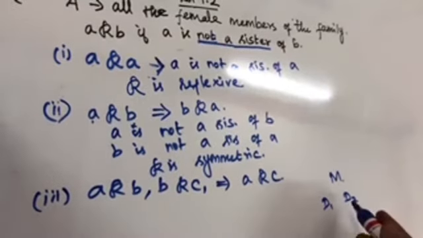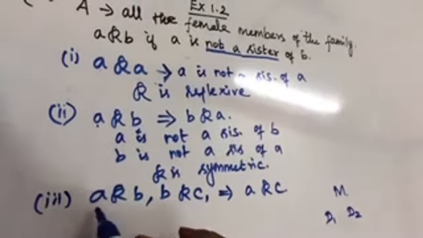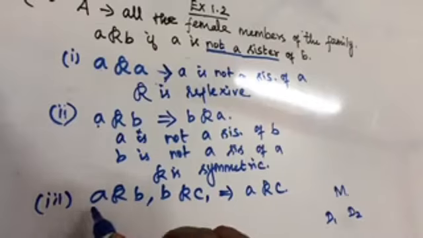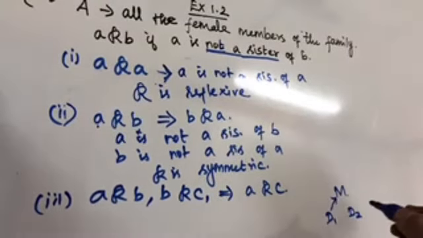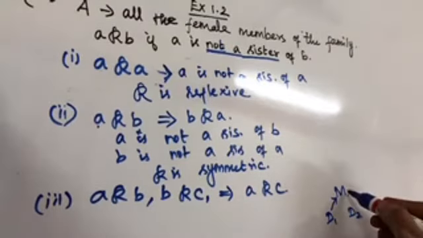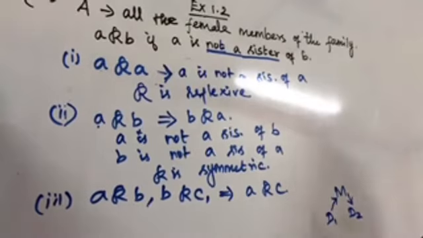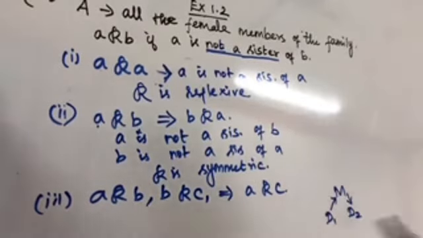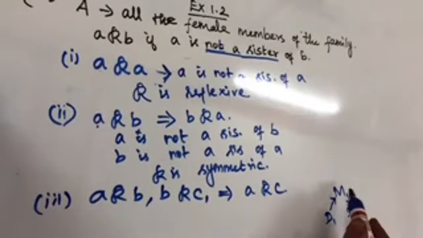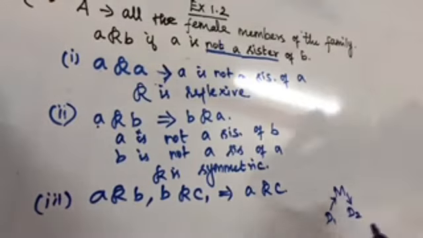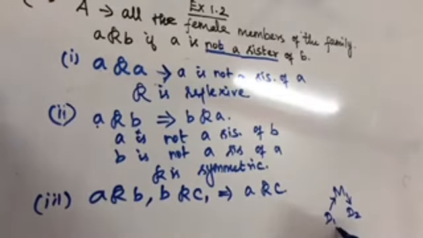As we saw in the previous problem, A is related to B. That means A is not a sister of B. Yes, the mother is not the sister of the daughter, and the daughter is not the sister of the mother. Here, the mother is not the sister of D1 and D2, but D1 and D2 are sisters.